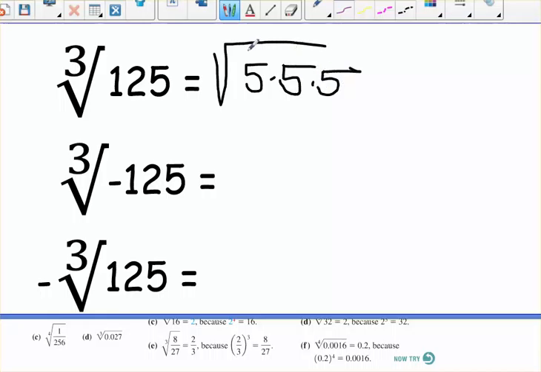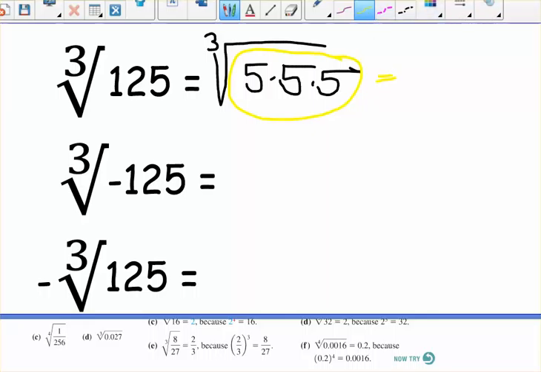If you multiply 5 by itself 3 times, you're going to get 125. And what I like to think is that when you're doing these, you're trying to find a triple. Since you have a cube here, you're trying to find something that's a triple inside of here.